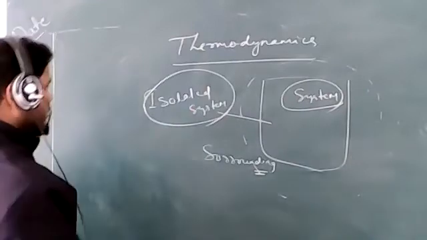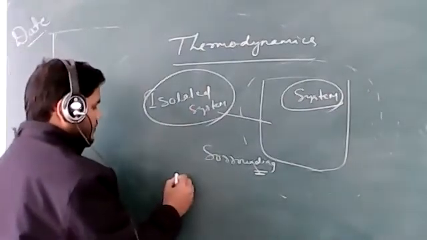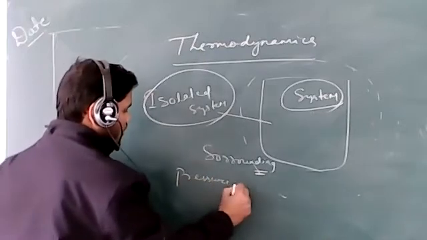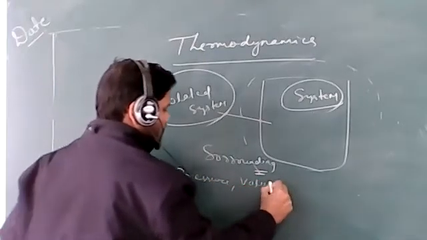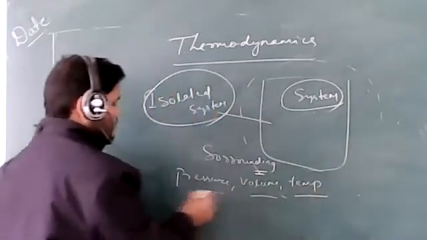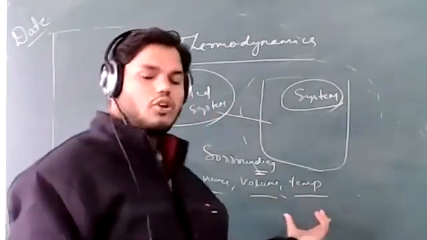In a thermodynamic system, there are three things: one is the pressure, the second one is the volume, and the third one is the temperature. These three things can be changed in a thermodynamic system.